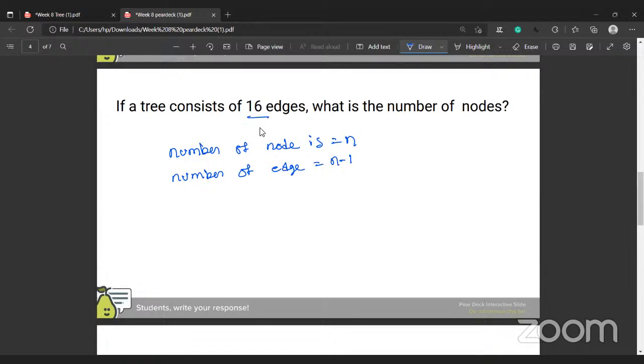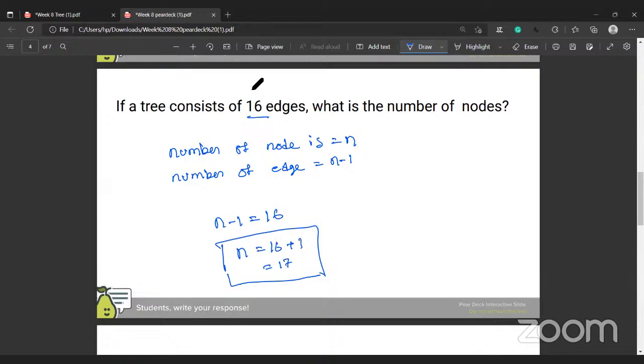So n minus 1 is 16 edges. So n minus 1 equals 16. Then n will be 16 plus 1, which is 17, right? So everyone got it?